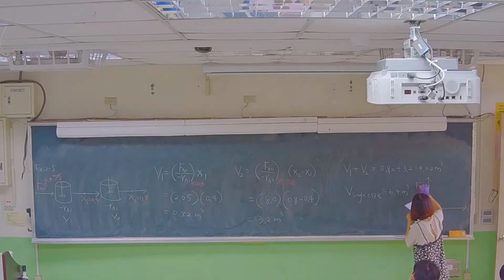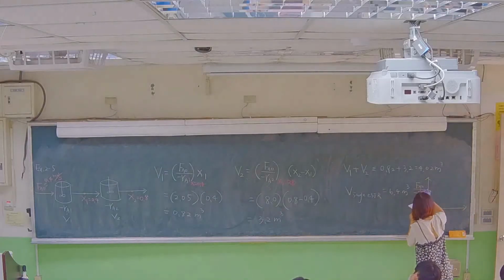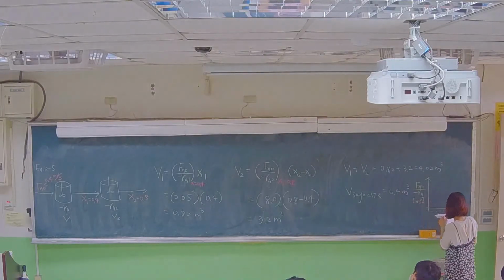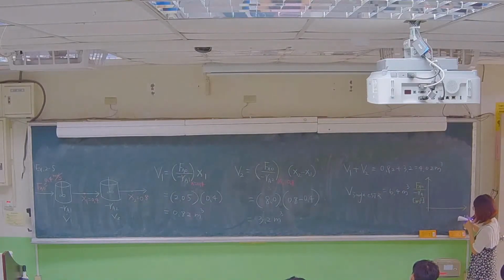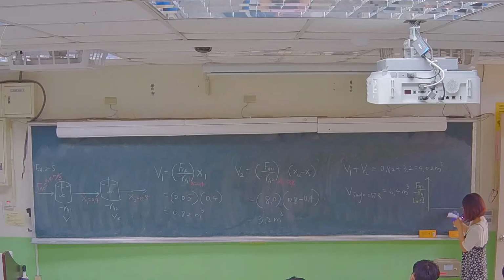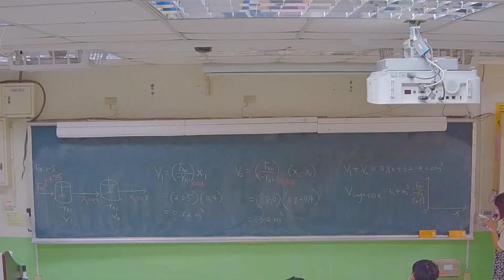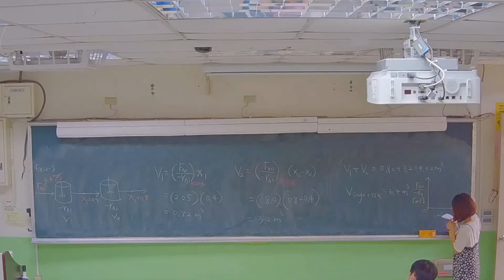Y-axis, FA0 over minus RA. The unit is cubic meter. For the x-axis is conversion X. Remember the original point 0. So if the curve is like this, we have solved this.